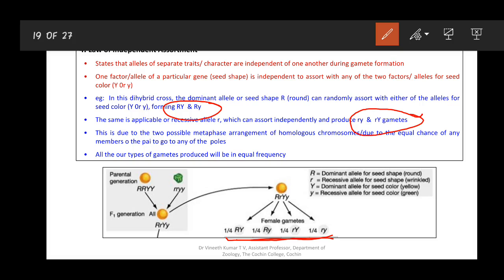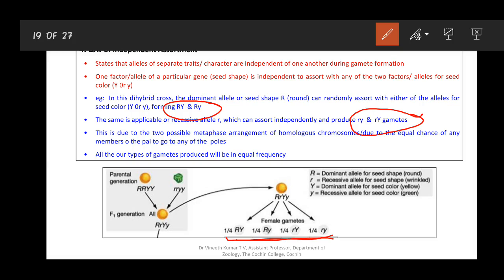To state it in simple terms, a particular allele of a particular trait is independent to assort with any of the alleles of another trait. Is that clear? If you have 2 different characters or traits, one allele of a particular trait is independent to assort with any of the alleles of the other trait.